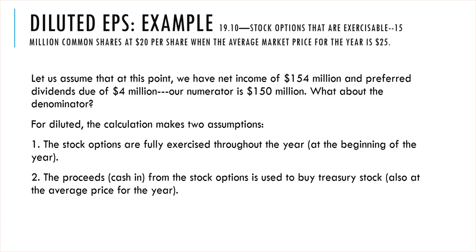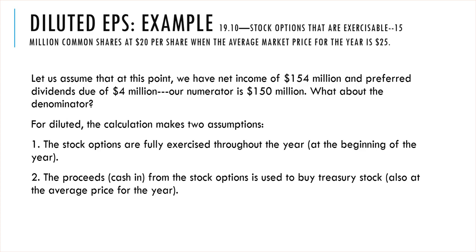But we usually do it in dollars and cents. If we do this, we know that number will get smaller. So the question here is, what do you do if you have stock options? Because you also have cash coming in from the stock options.